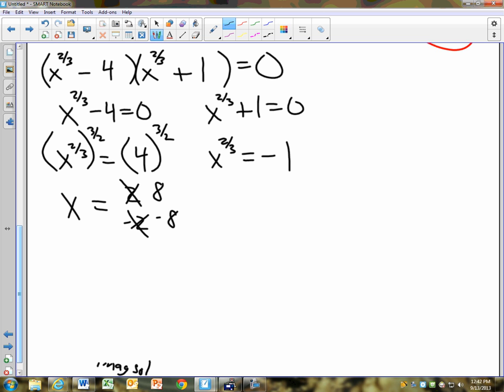Again, to get rid of the exponent of 2/3, I raise it to the power of 3/2. Just think about this. What's negative 1 to the third power? Negative 1. Square root of negative 1 is i, positive or negative i. Now again, I would not ask you to write both the positive and the negative i. Simply just understand that there's not a real solution to that portion.